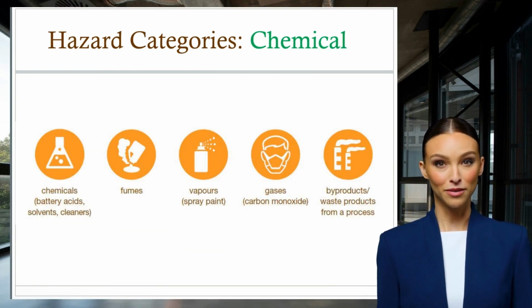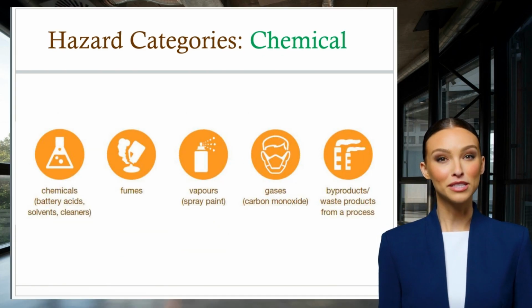Chemical hazards. These come from exposure to substances like cleaning products, fumes or vapors, gases like carbon monoxide, solvents, or paints, byproducts from industrial processes. Chemical hazards can cause skin irritation, respiratory issues, or long-term illness with prolonged exposure.